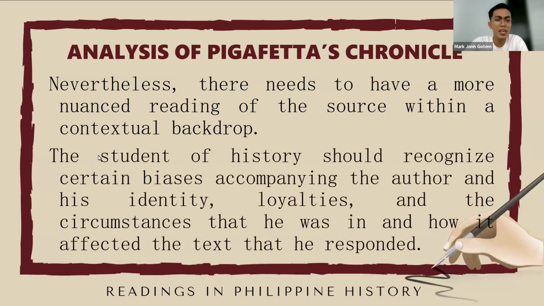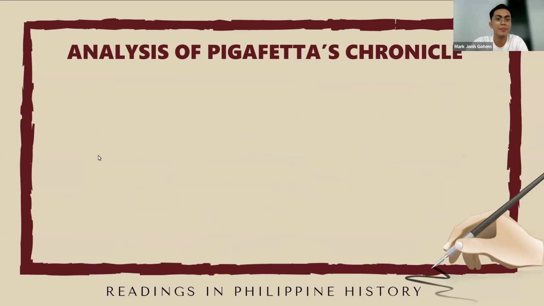The student of history should recognize certain biases accompanying the author: his identity, loyalties, and the circumstances that he was in, and how they affected the text that he wrote. Diba? In documenting or writing his chronicle, he was using his own perspective. Diba? Pigafetta was using his own perspective. And that is the context or factors that we need to consider.